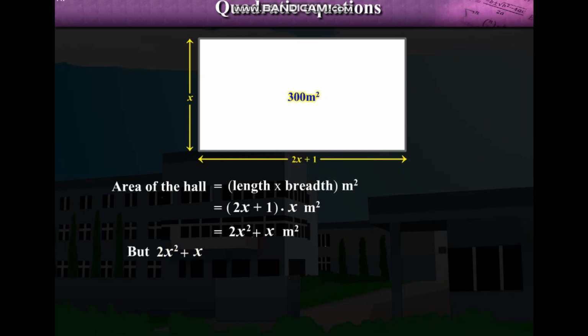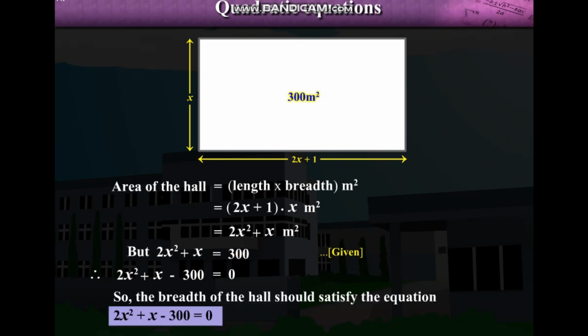But 2x square plus x is equal to 300, given. Therefore, 2x square plus x minus 300 is equal to 0. So, the breadth of the hall should satisfy the equation 2x square plus x minus 300 is equal to 0, which is a quadratic equation.